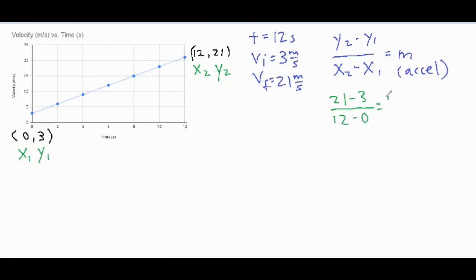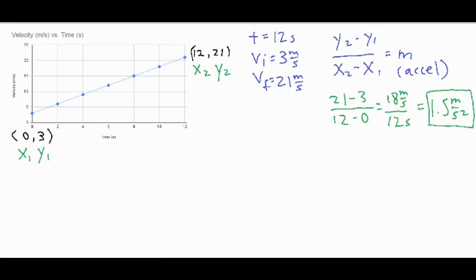And that equals 18 meters per second of velocity divided by 12 seconds. And that equals 1.5 meters per second squared for my acceleration. So that's the graphical approach to it.